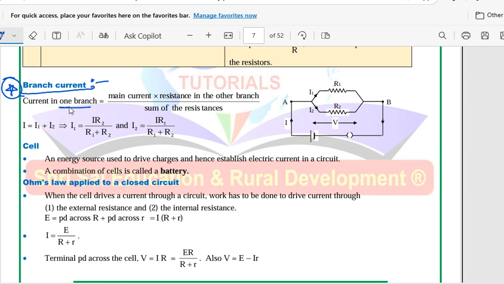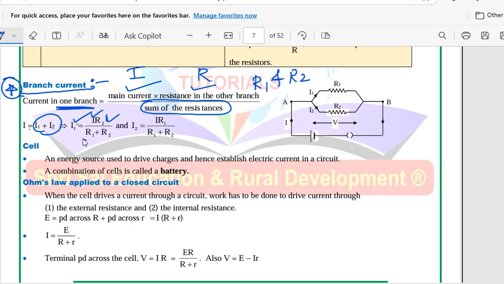Current in one branch is equal to the main current I, with resistance in the branch R. If you consider two resistances R1 and R2 in combination, where the total current is I, then the current I2 is equal to I into R1 divided by R1 plus R2.